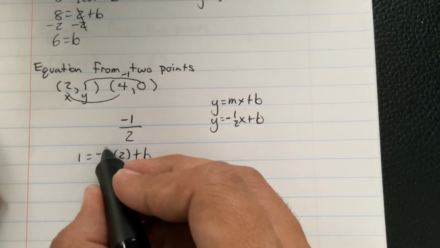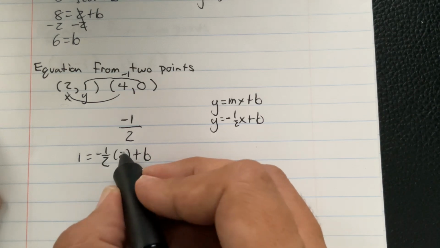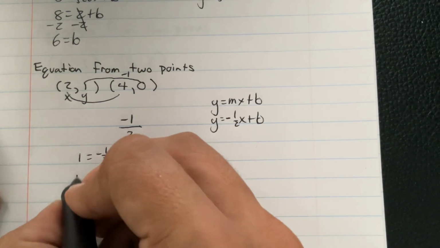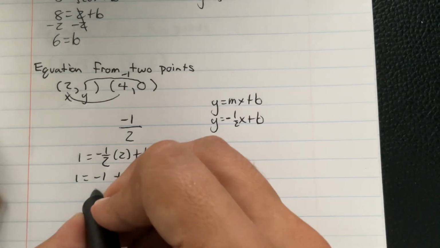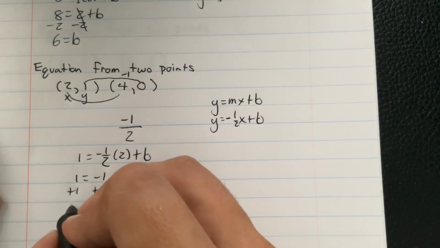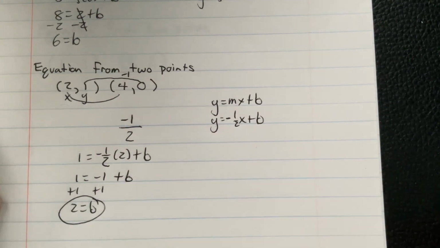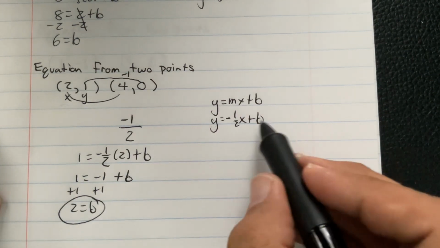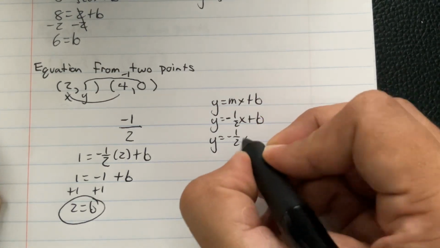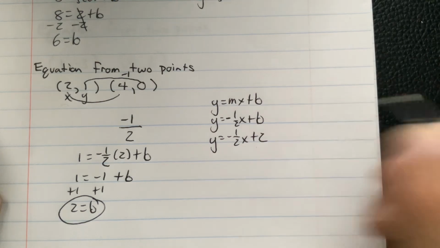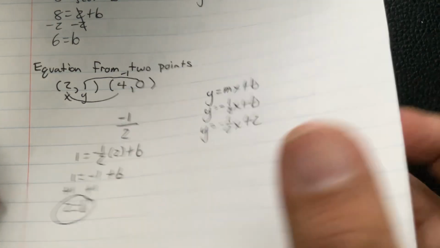Negative 1 times 2 is negative 2, divided by 2 is negative 1. So 1 equals negative 1 plus b. I'm going to add 1 to both sides. I'm left with 2 equals b. So now I know what b is. I know what the slope is. I can write the equation in its entirety. And there it is.